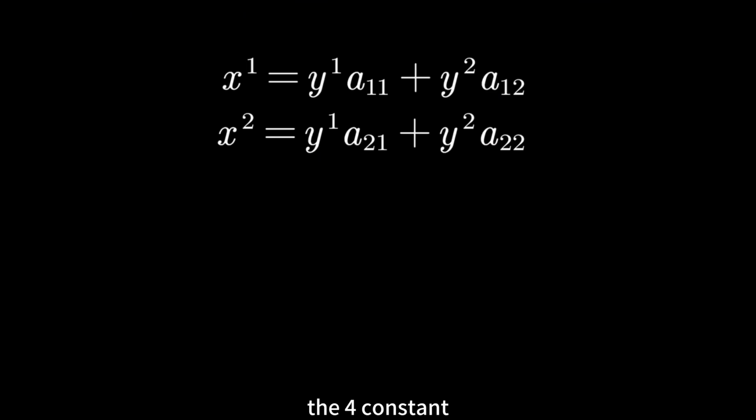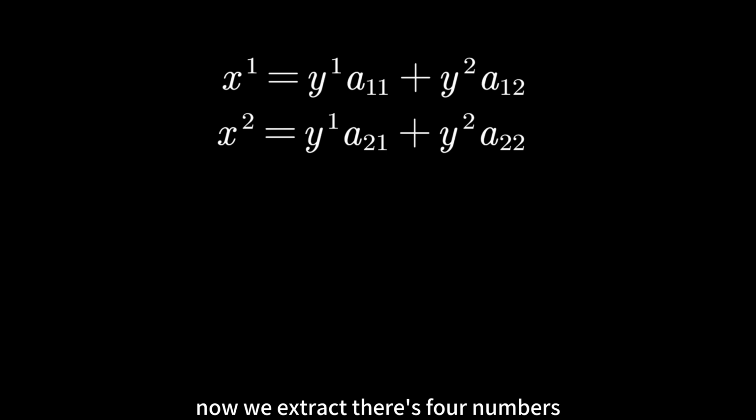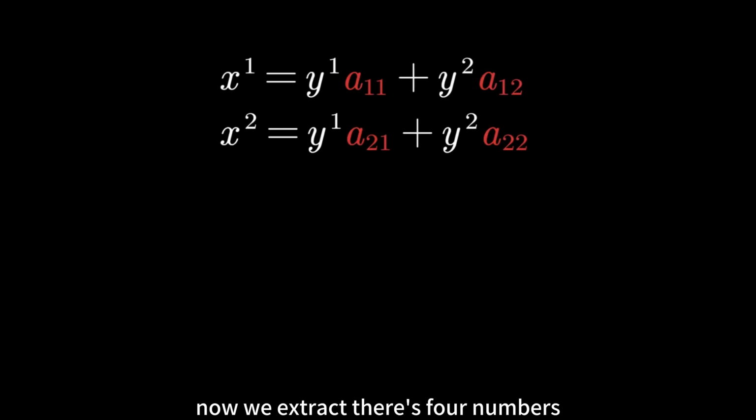The four constants A_11 through A_22 in this equation do not depend on the specific values of x or y. Instead, they depend on the base vectors of the two coordinate systems. Now we extract these four numbers.